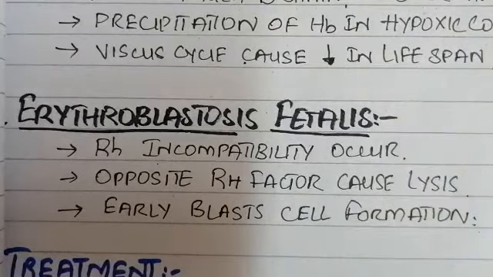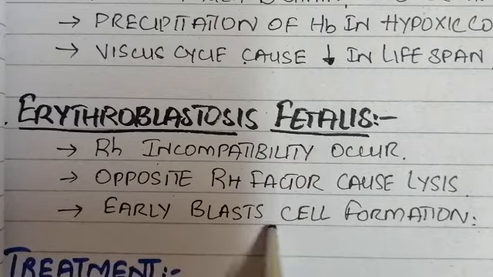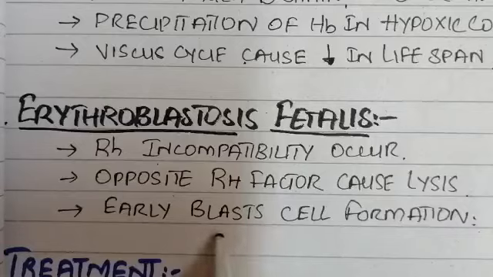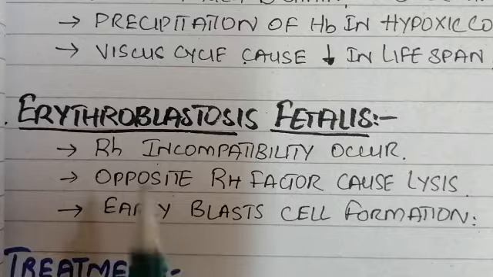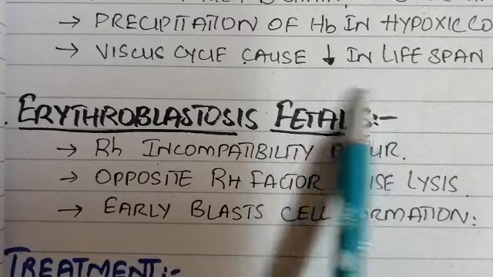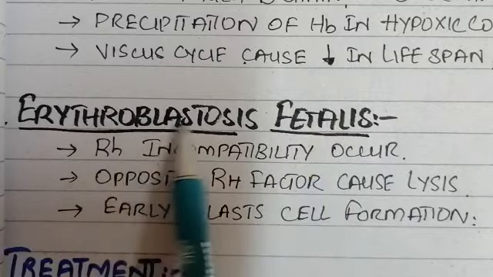And there is more production of the early blasts, the reticulocytes or cells before the mature cell. These are the blast cells causing increased production. Because of this increased production of immature cells, there is a destruction of cells in the fetus, causing erythroblastosis fetalis. In the fetus there is blast formation.